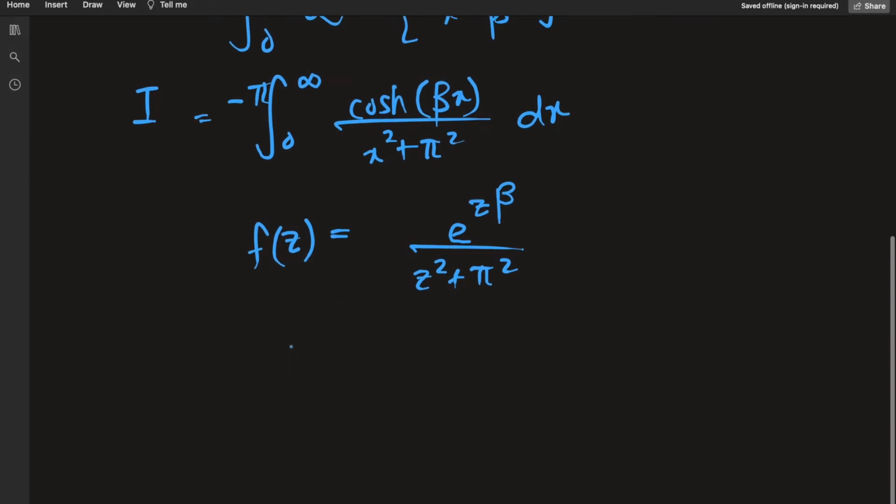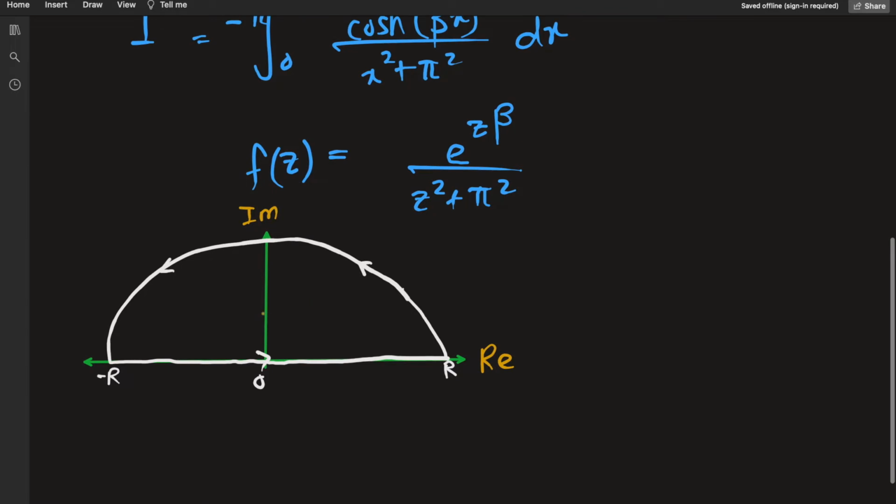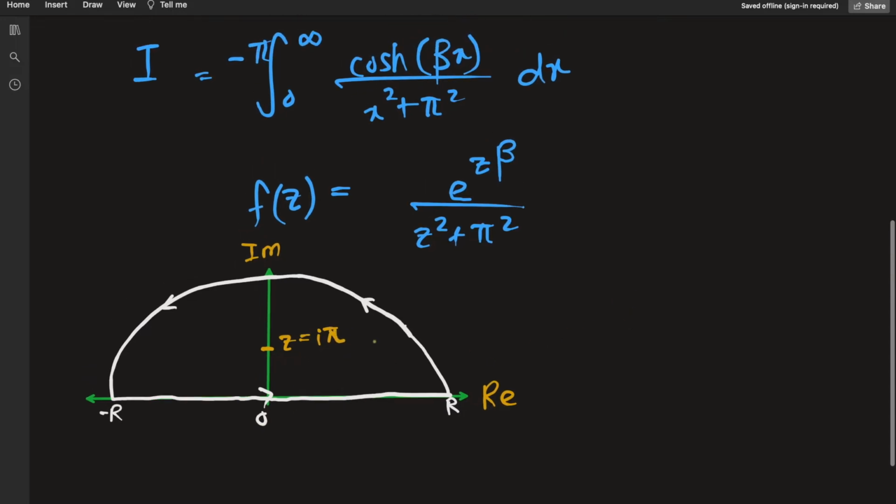But what's the contour? Okay, so this is going to be our contour. I'm just going to label a few things, and we have one pole inside the contour, the pole at z equals i pi. So that's nice, because now there is at least some pole inside, and therefore the sum of residues won't be 0.